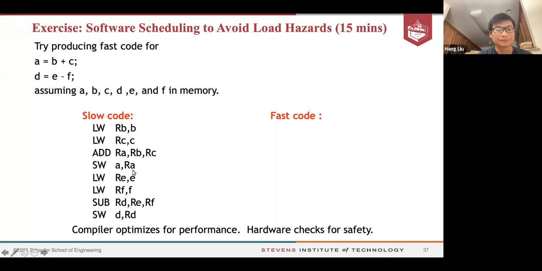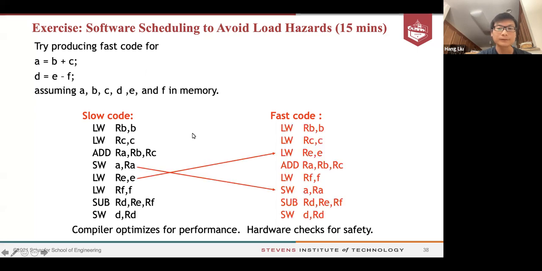Clearly there is a problem here, because the load of B and C might not be fast enough for the addition, so we might need to insert a bubble here, right? A bubble here. So how do we solve this problem? Can you use 15 minutes to think about how to do software scheduling for that?